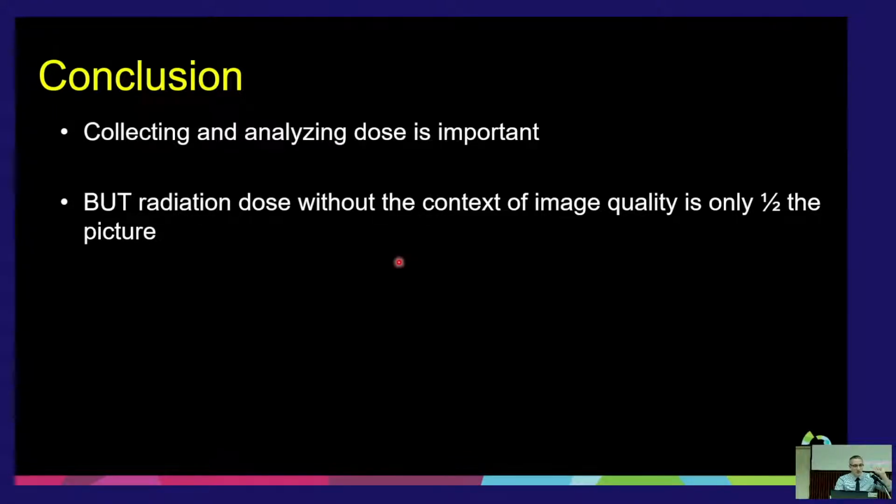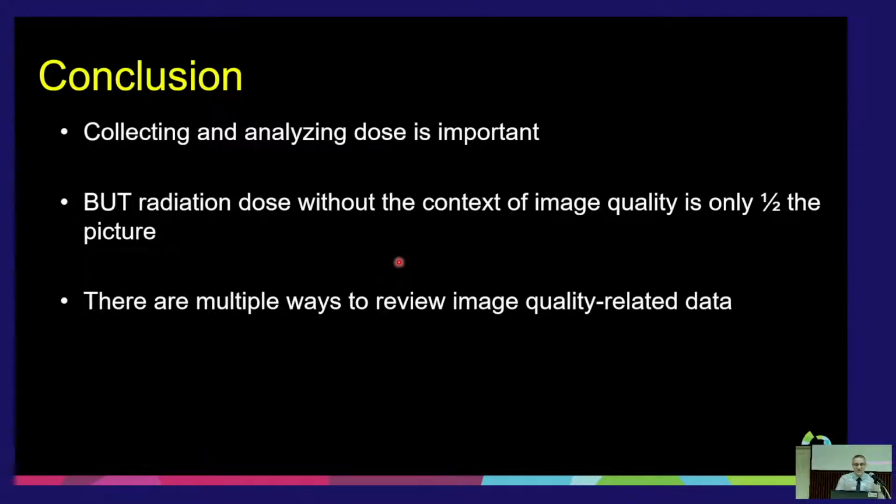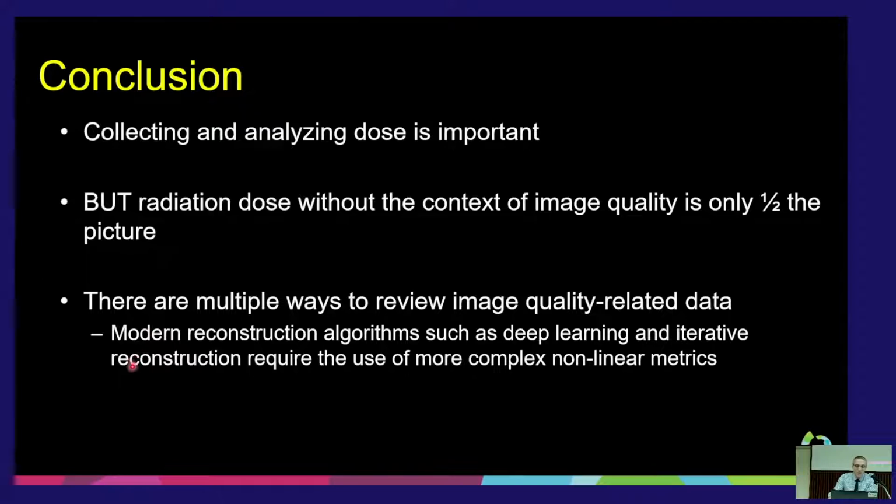If you just simply lower your dose because it's lower than the DRL, you're actually doing a disservice for our radiologists, and more specifically, we're doing a disservice for our patients because we potentially are missing findings in the image. There are multiple ways to review image quality. We went through all of those today, but modern reconstruction algorithms, especially using AI and deep learning, require the use of more complex, nonlinear image quality metrics.